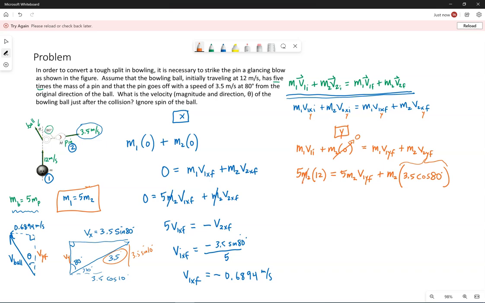Now that we've put the relationship of the masses in there, the m2, the actual value of the pin's mass, cancels. So we end up with 60 on the left side, 5 V1 final plus 3.5 cosine 80.